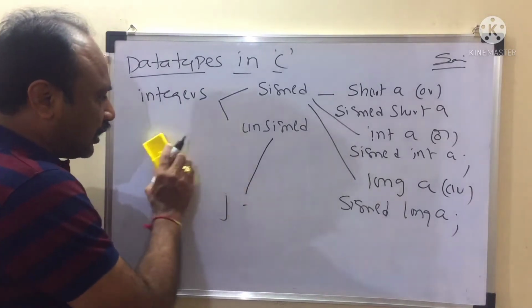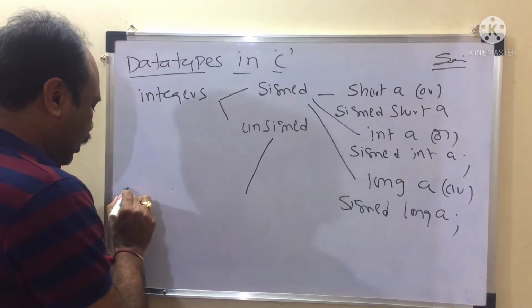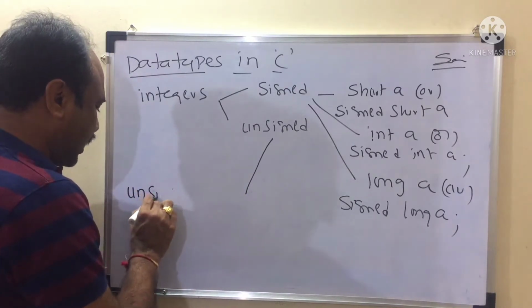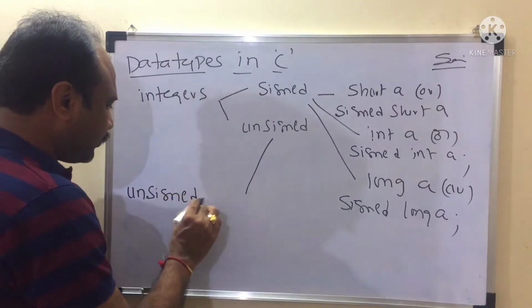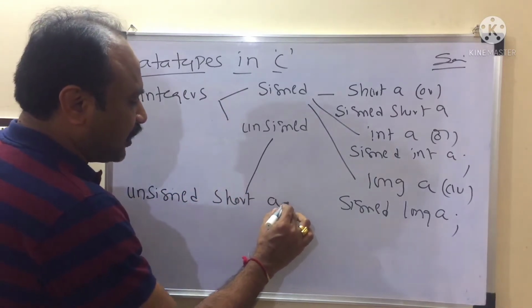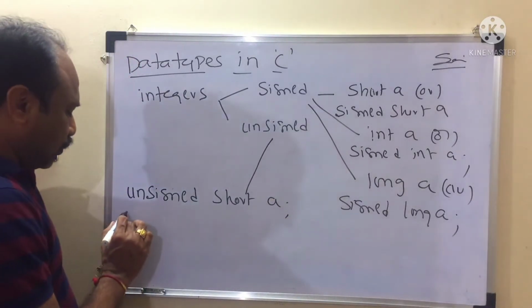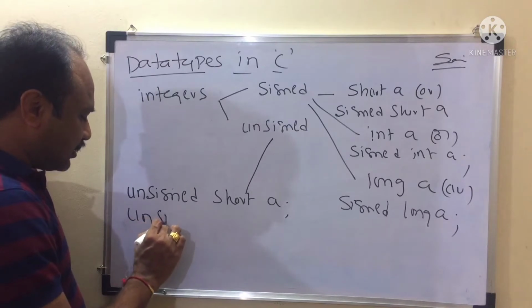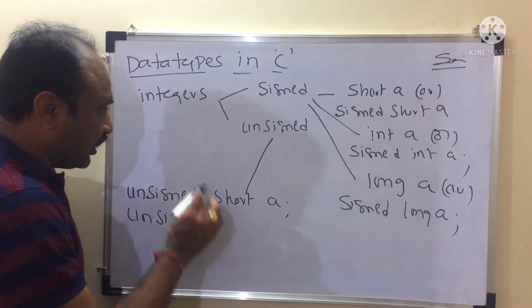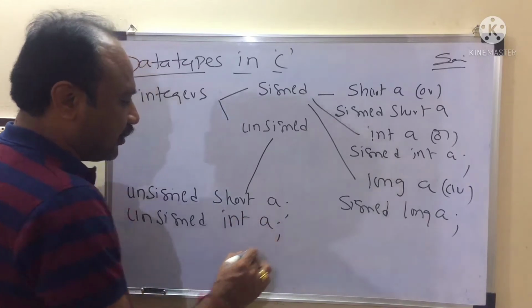But to declare an integer as unsigned short integer, we have to write unsigned short a. Don't write short int, simply unsigned short a. Next, to declare an integer as unsigned integer using the int keyword, you can write unsigned int a.